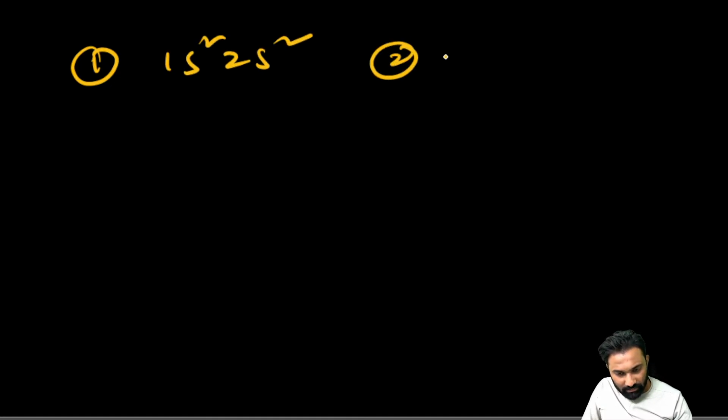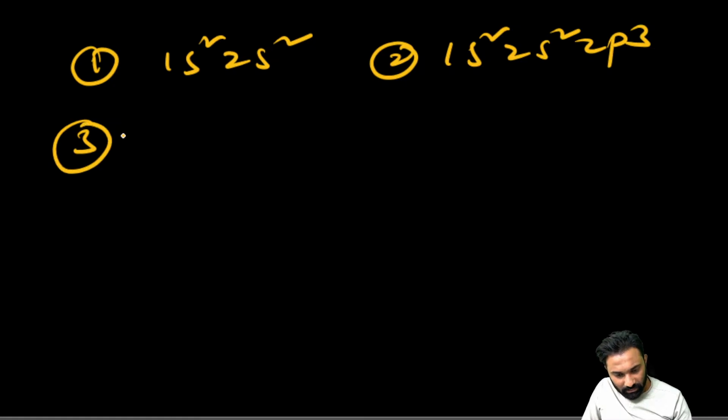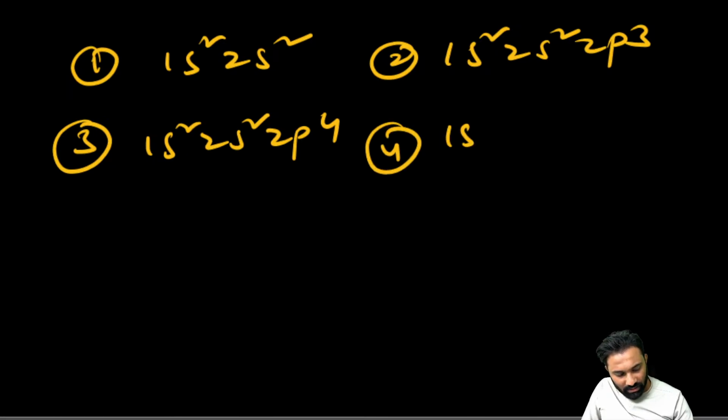Okay. Next question I will write. Now try to tell me the answer. First, 1s2 2s2. Second is 1s2 2s2 2p3. Third is 1s2 2s2 2p4. Fourth is 1s2 2s2 2p6 3s1.